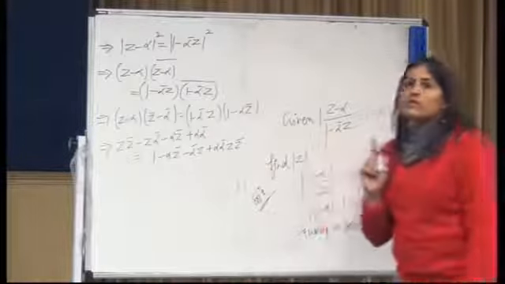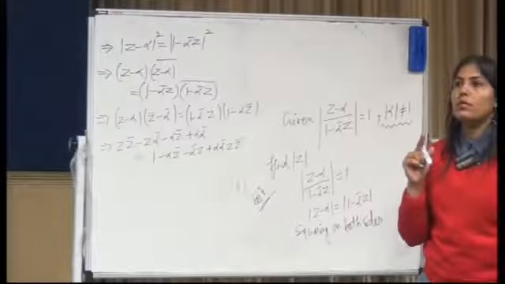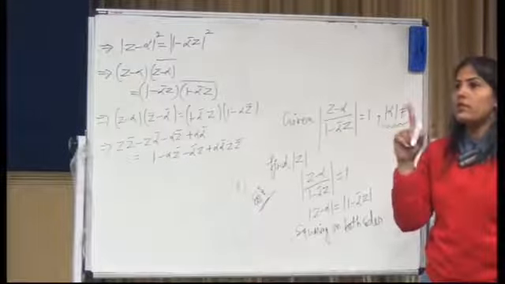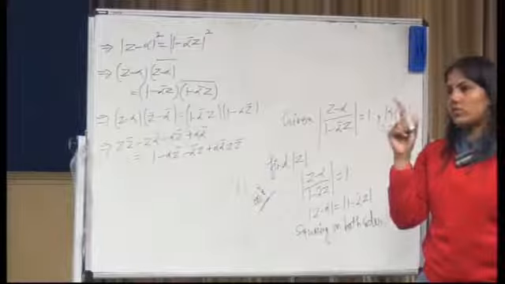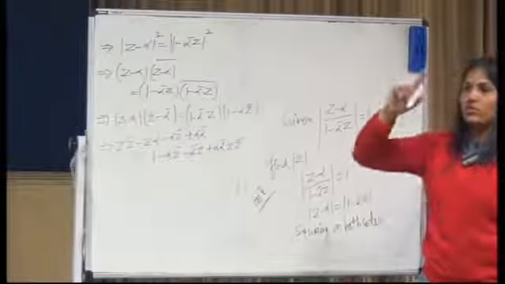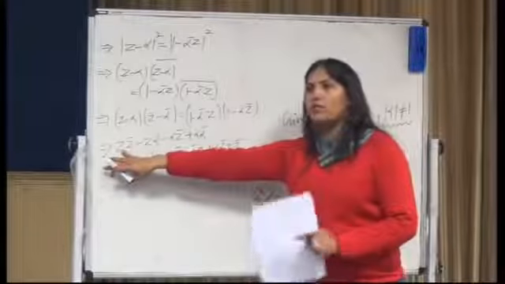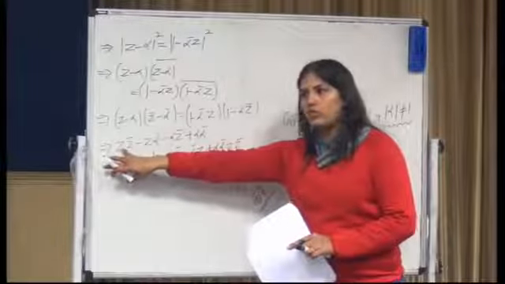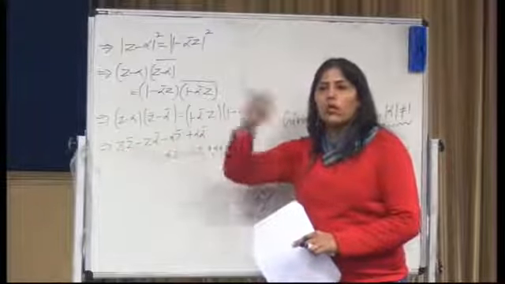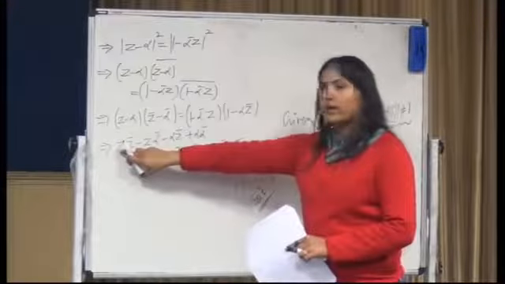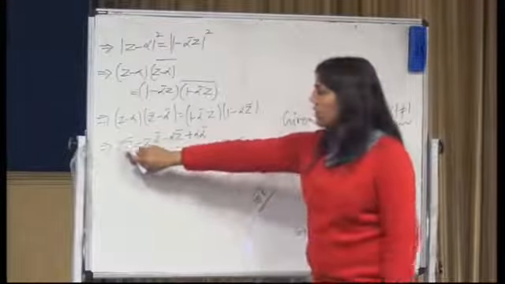Our focus is mod z. And for mod z basically we have two definitions. First one is mod z square is z z bar. So z z bar we are getting, so we can think of that property only. Because our focus is to calculate mod z and we are getting z bar also.